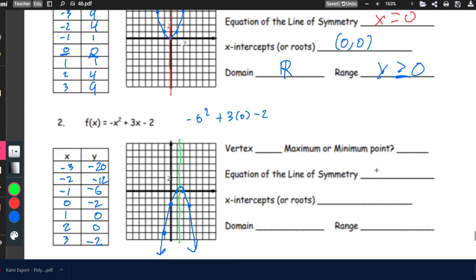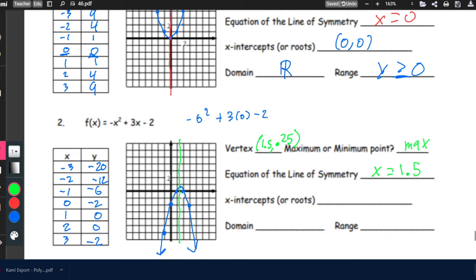So our line of symmetry is x equals 1.5, which means our vertex is at x equals 1.5. If we plug 1.5 into our equation, we find that our vertex point is at 0.25. I plugged it in, just trying to save time by not doing all the math on paper. The graph is pointing downwards, so we know this is a maximum.